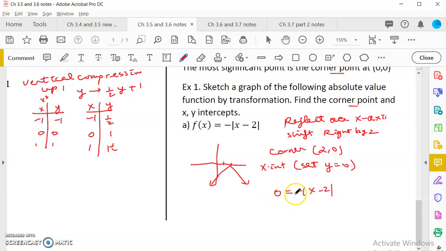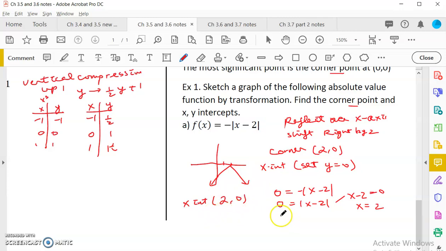I divide by negative 1 to get rid of this, so it's still absolute value of x minus 2 equals 0. Normally we would split it, but this is not a positive number, so we just have x minus 2 equal to 0. If this were a 5 or a positive number, you would say x minus 2 equals 5 and x minus 2 equals negative 5. So we only have one x-intercept, which is 2, so the x-intercept is (2, 0).